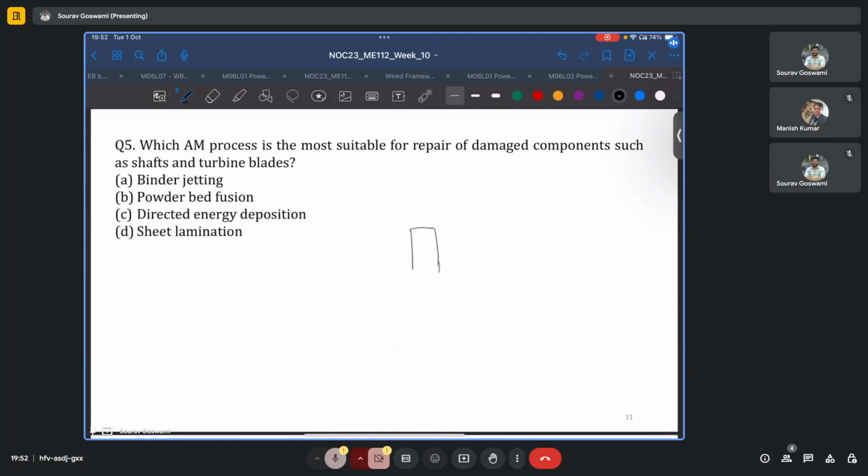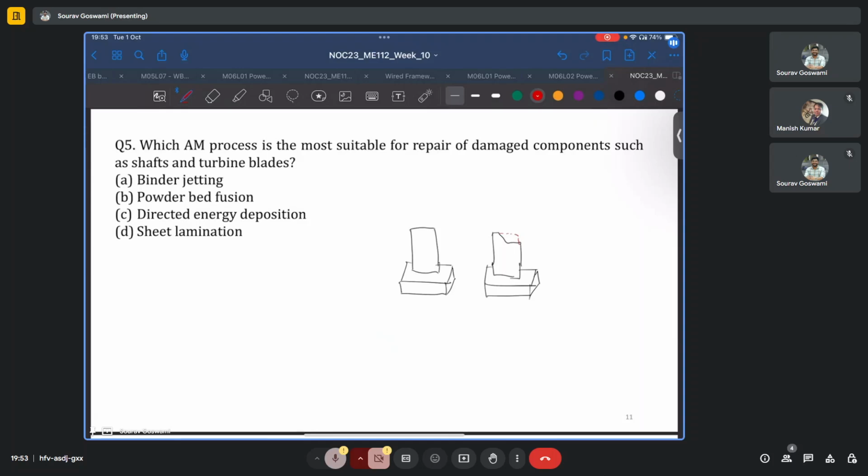Typically, it has a geometry like this, but we saw that it got damaged, somewhere over here near the top, and how it was repaired again and then put back into service. We are being asked which AM process is the most suitable for repair of damaged components such as shafts and turbine blades.